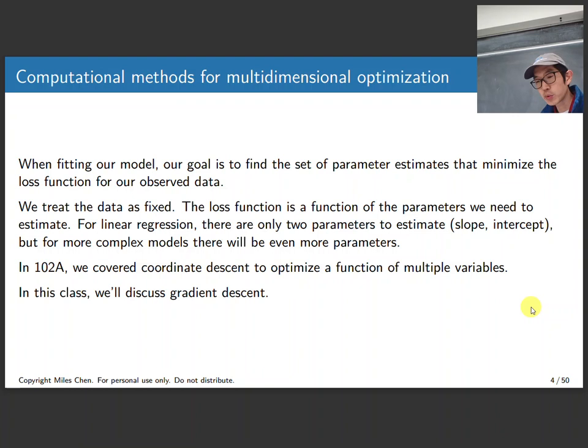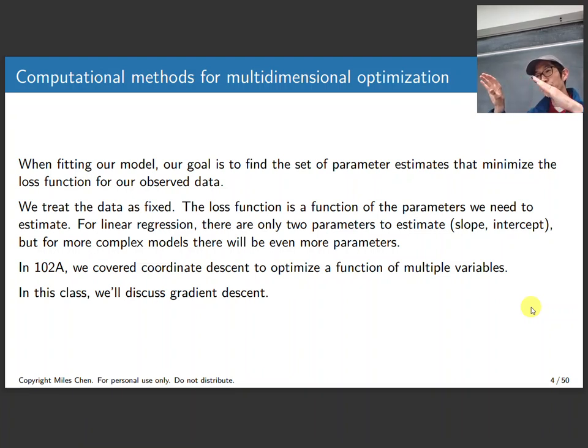Now when we do this, it's important to note that we treat the data as fixed. The data has already been generated, and we have a function that is trying to minimize the differences between our estimates and the fixed data points that we've gathered.